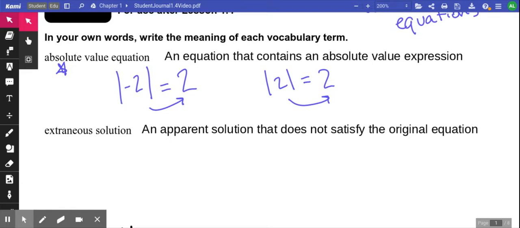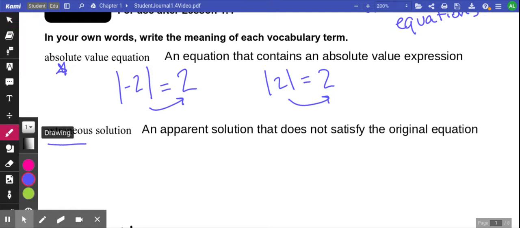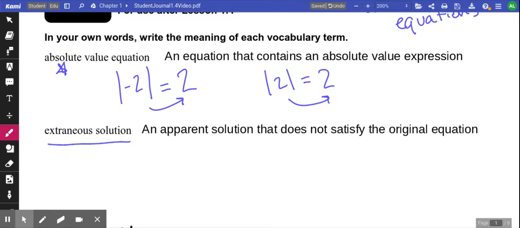There are certain types of absolute value equations where this is going to happen, but we're not going to have any problems that do this. We can have a problem that says no solution, but I'll show you how that happens. It's a very specific time when you get a no solution. Extraneous solution means you solve it out, but that solution doesn't work in the original equation. This can happen with absolute value equations, but we're not going to have any problems where it does.